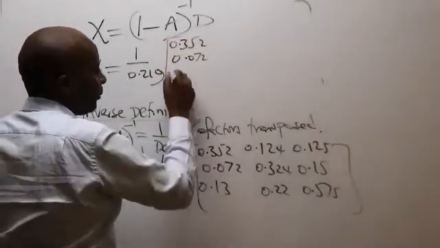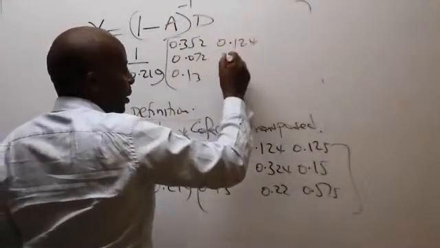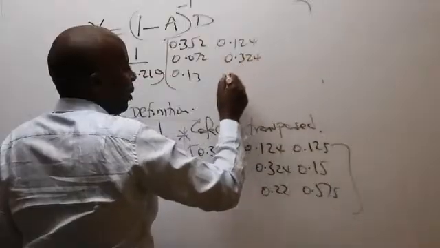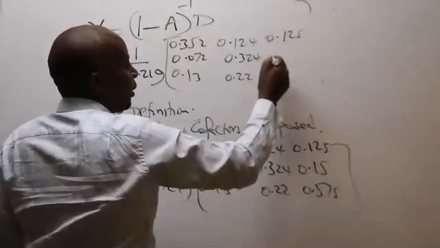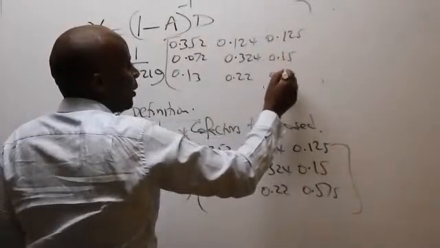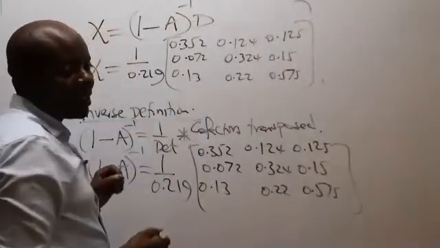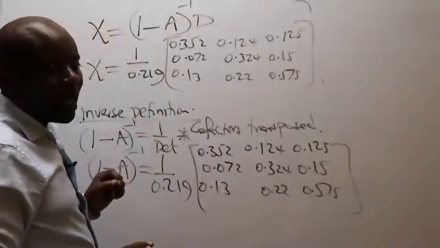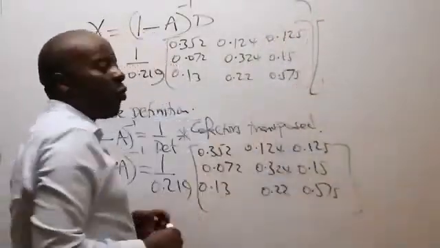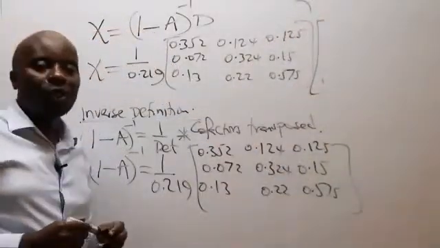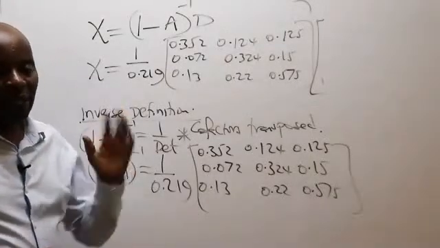Then we have 0.124, 0.324, 0.22. We have 0.125, 0.15, 0.575. So this is our (I minus A) inverse multiplied by our matrix D, the one that we gave you when we started the question, which you don't have now on the board. I deleted mine long time ago.